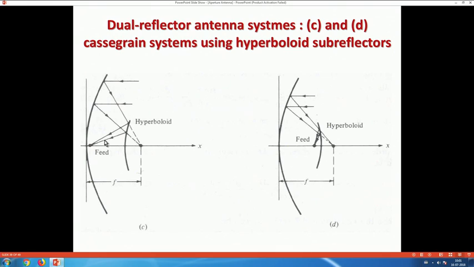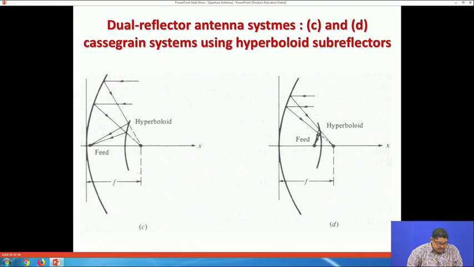So, the feed is in a convenient position, with reduction of spillover and minor lobe loss. Now, the capability for scanning or broadening the beam can be obtained by moving one of the reflectors. So, this is another thing, that you have more play, because where you put the subreflector or the paraboloid reflector, since you have two things, your play is more.